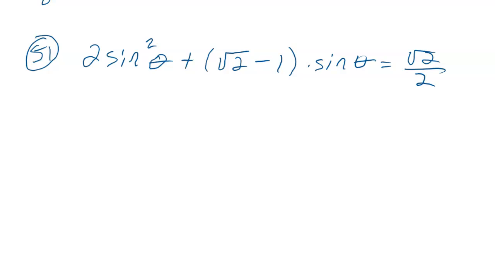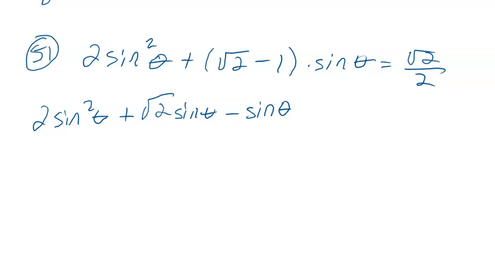I think I'm going to distribute and hope for the best. Let's see, 2 sine squared theta plus rad 2 sine theta minus sine theta. And I'm going to move this guy over. Minus rad 2 over 2 equals 0.